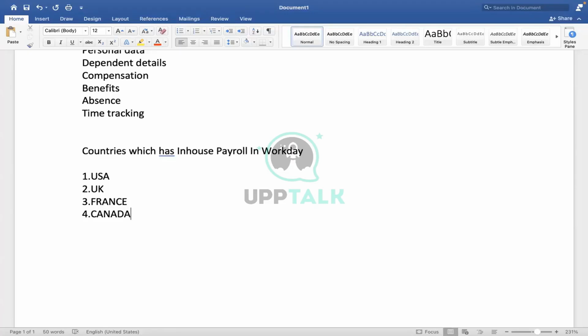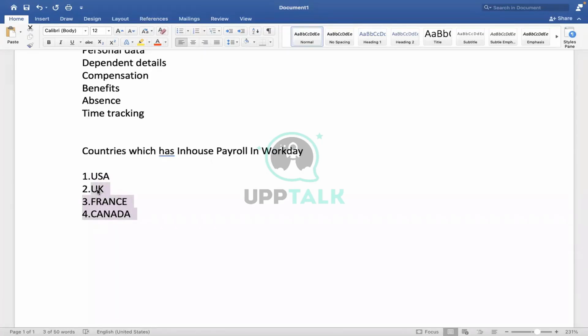For all these 4 countries, you can run the payroll within Workday itself, with no dependency on any other tools. One of the advantages is, if you learn US payroll, you are able to implement payroll for all the remaining 3 countries.